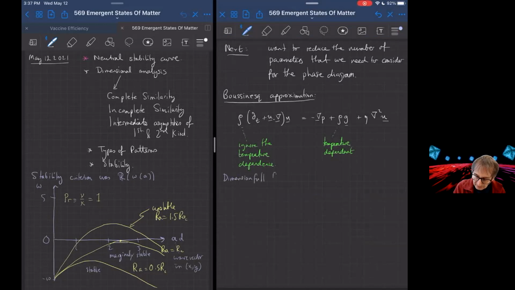Dimensional form of the equations for Rayleigh-Benard convection in the Boussinesq approximation. Okay, so I'm just going to write down the same equations I have above.